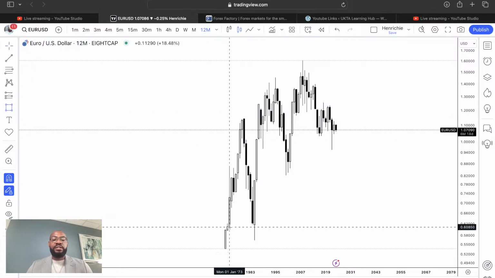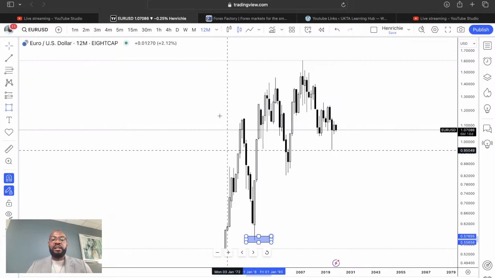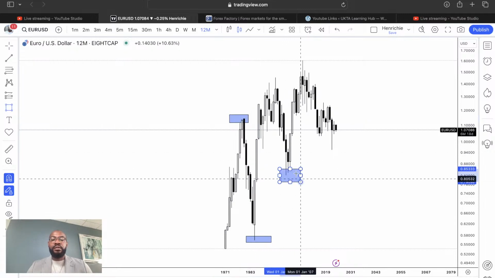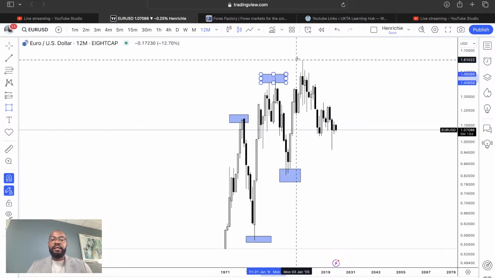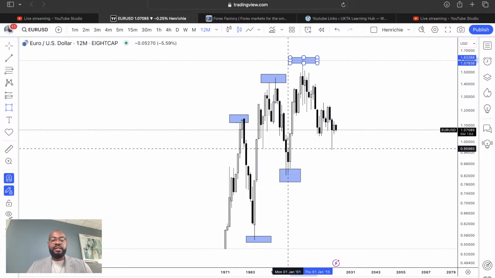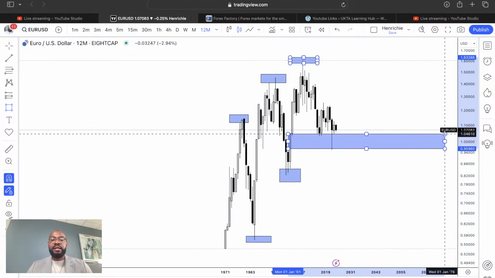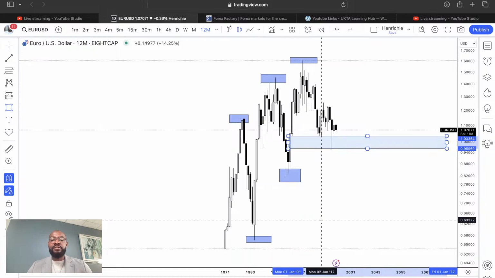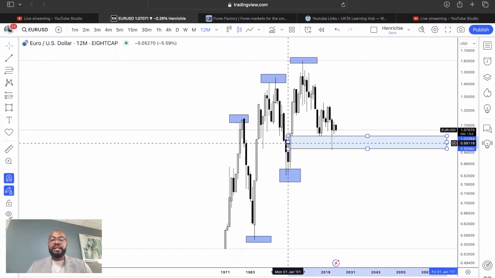So for Euro US dollar, we'll have our low, we'll have a high, low, high, and then we'll create a high. As you can see, price came down into this inefficiency, resting at an extreme discount zone, mitigated it.